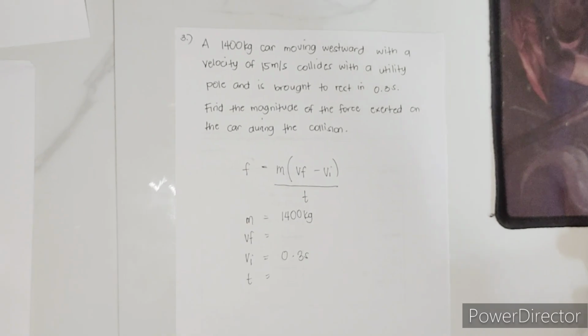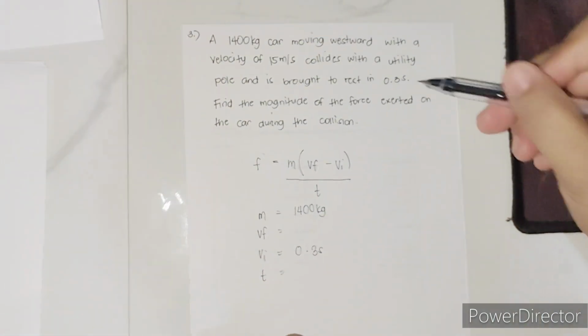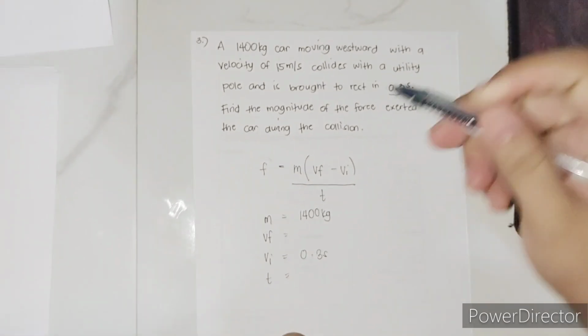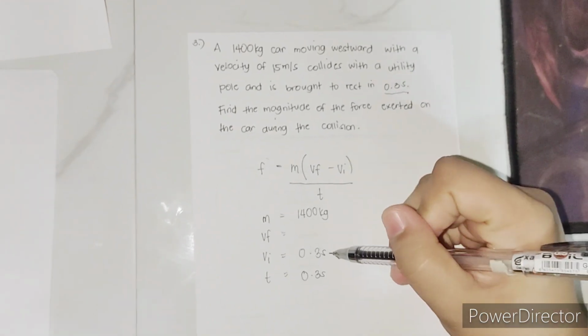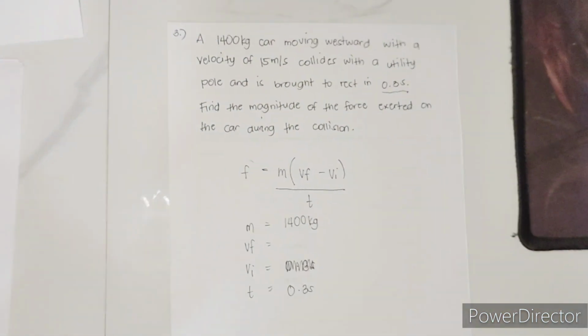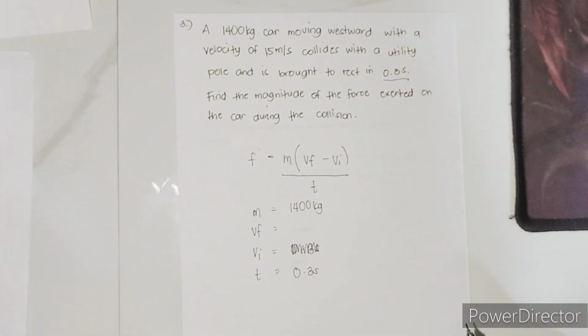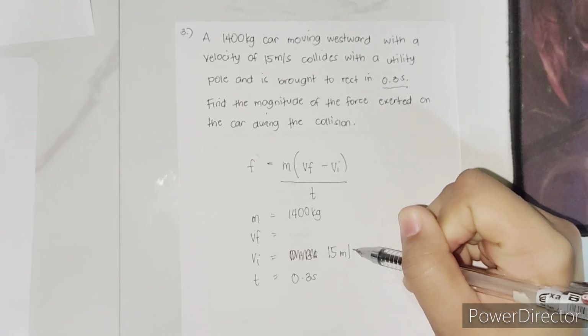Time yun. Ba't nilagay ko sa velocity? Kalimutan niyo mga anak. Sorry. So, ulitin ko, yung 0.3 seconds, dito yun sa time. Okay, and for our initial velocity, we have 15 meter per second.